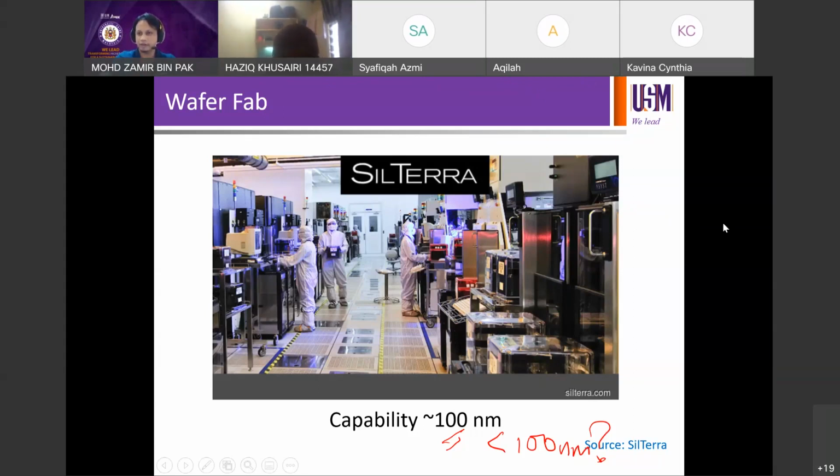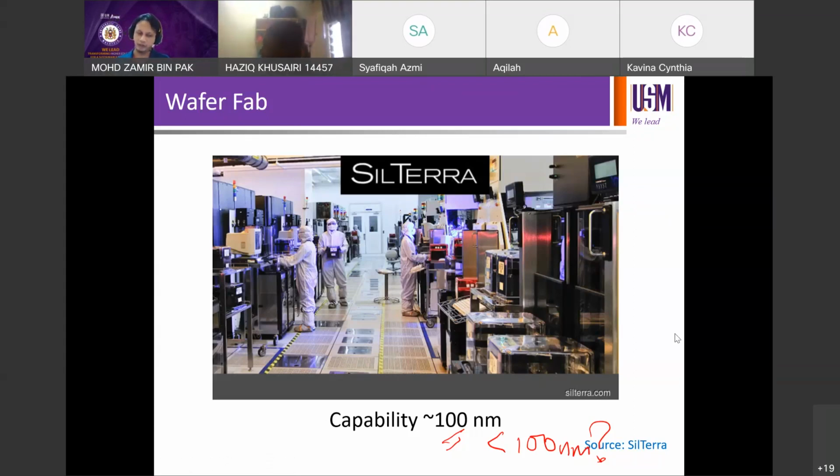Yeah, exactly, the EUV, right? We just discussed about EUV. Dia macam printer lah, but it's not exactly a printer, but EUV is responsible for the printing process. So Silterra tak ada, down to EUV.